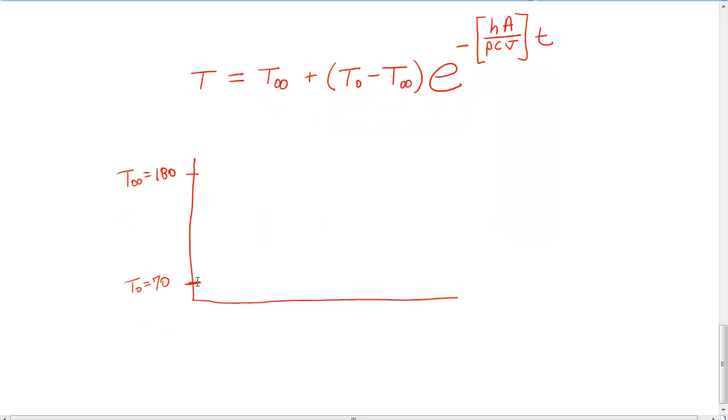Let's assume that we took our 70-degree sphere and put it in a liquid vat of 180-degree water, and our solution should look something like this.